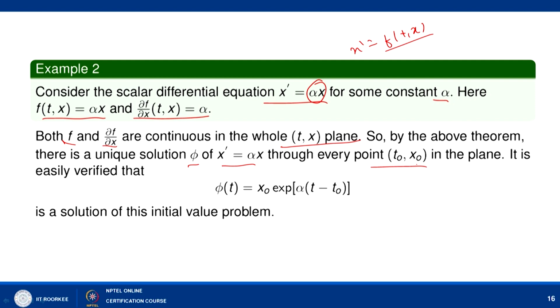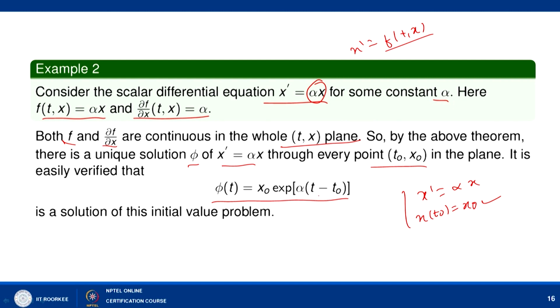So, it means that given any point (t naught, x naught), the solution of this problem x dash equals alpha x and x of t naught equals x naught exists. So, it means that for every initial condition the solution of this problem exists. Now, we can also verify that the solution phi(t) is given as x naught exponential of alpha (t minus t naught).